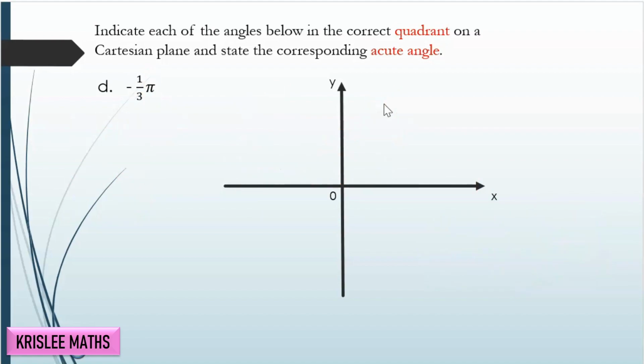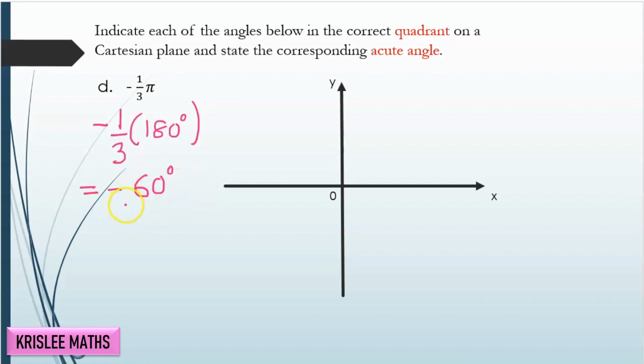Okay, let's see one more. So here you are given negative 1/3 pi. So the pi value is 180. Simplify this, you get negative 60 degree.